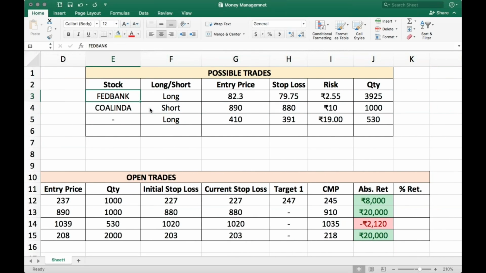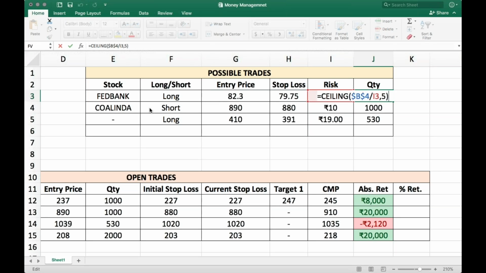When you do your homework, every day, at the end of the day or during market hours, you will find some stocks. You will find what to do with them, long or short, depending on your strategy. You will know the price to enter and you'll definitely know what your stop loss should be. Automatically, the Excel sheet will calculate risk and give you the quantity. How is this quantity calculated?